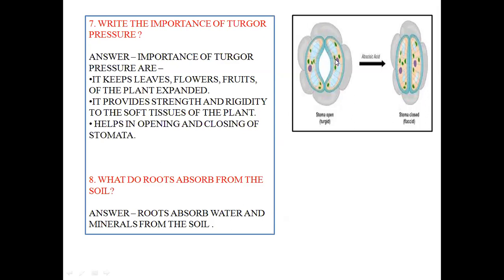And whenever water will not be available within this guard cell, it will droop down and the stoma will close like this, which is also a mechanism of regulation of transpiration, even exchange of respiratory gases. This is how turgor pressure is important.